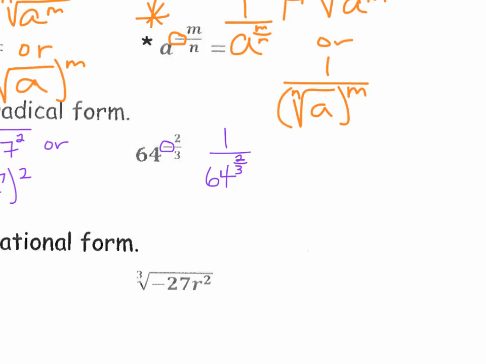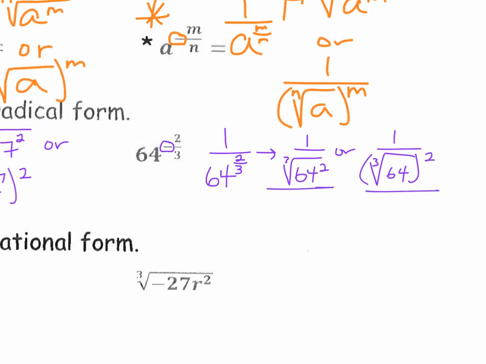Now from here, this could be 1 over cubed root 64 squared, or it could be 1 over just cubed root 64 and then square that answer. Either of those forms would be the correct conversion from rational exponent to radical form.